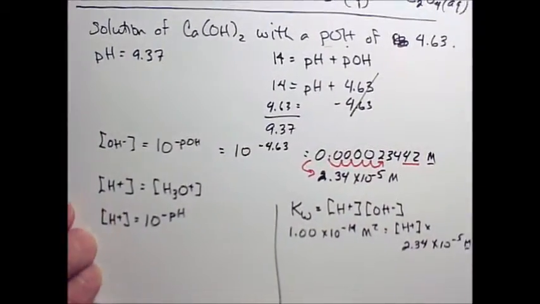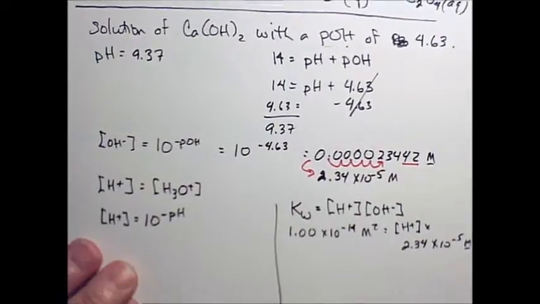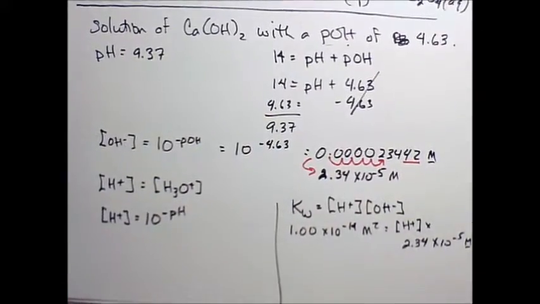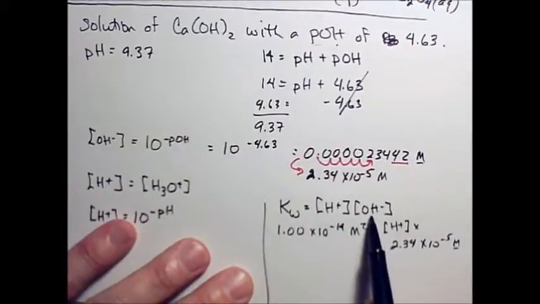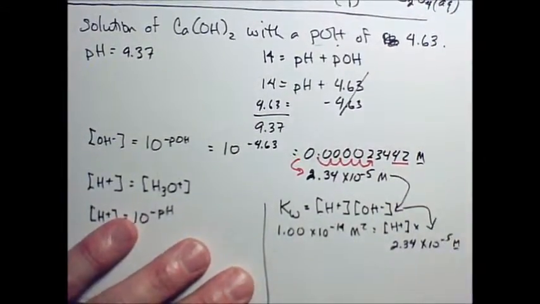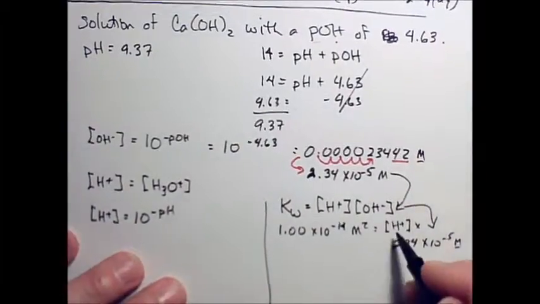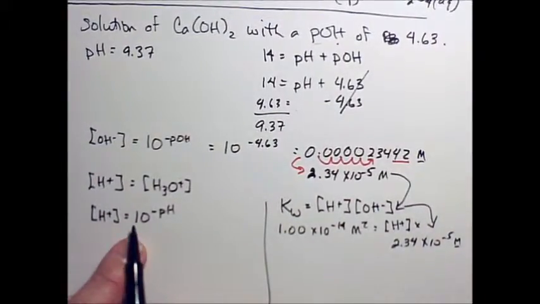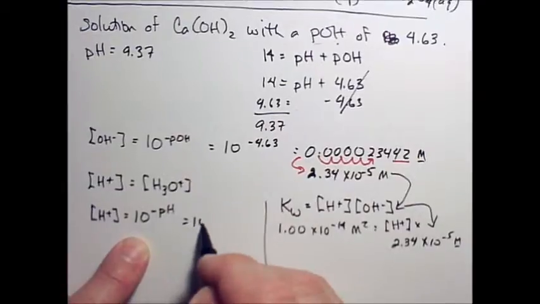So the hydrogen is 2.34 times 10 to the negative 5? No, the hydroxide is that. Oh, the H plus? Yeah, that's this number right here. We put that in there like that, okay? So the H plus, talking about the left side, that'd be negative 9.37.